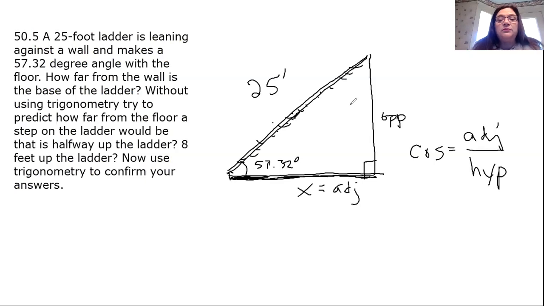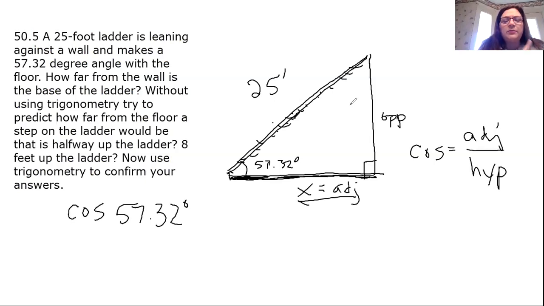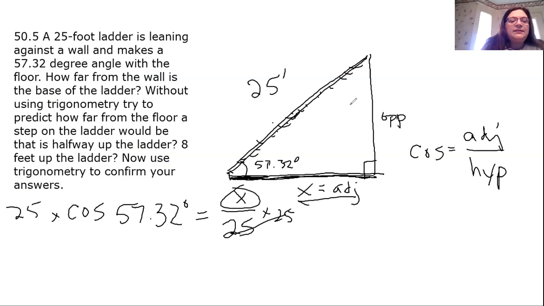But for now, we know that X is the adjacent. So am I using sine or cosine? I'm using cosine. Cosine of 57.32, I'm wondering how they got that precise, equals adjacent, that's X, over hypotenuse. We know the hypotenuse is 25 feet. So I'm going to multiply both sides by 25. Always multiply by what's on the bottom. Top and bottom, 25, cancels out. Now I have X by itself.